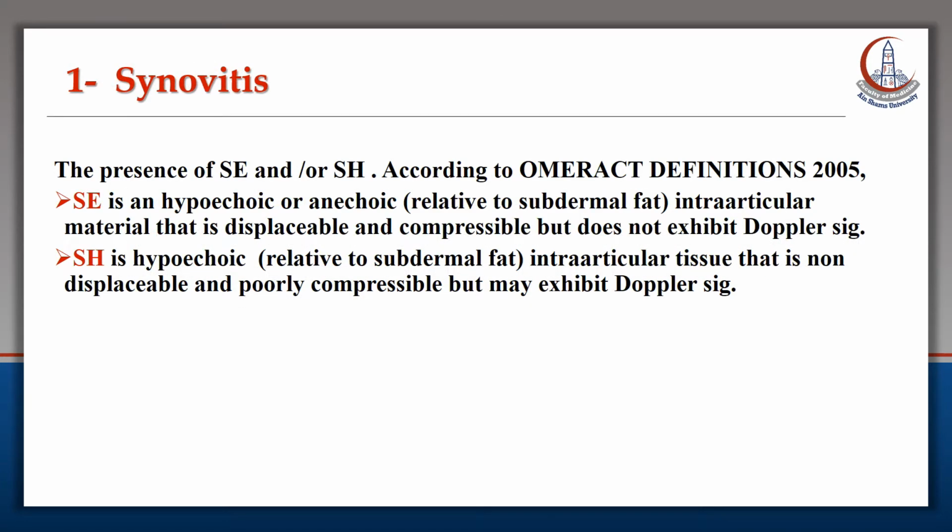The first topic to be highlighted today is related to synovitis. Synovitis means either the presence of synovial effusion or synovial hypertrophy. According to the OMERACT definition 2005, synovial effusion means presence of intra-articular hypoechoic or anechoic material that's compressible, displaceable, and never exhibits Doppler signal, while synovial hypertrophy means the presence of intra-articular tissue, which is hypoechoic, fully compressible, never displaceable, and may exhibit Doppler signal.